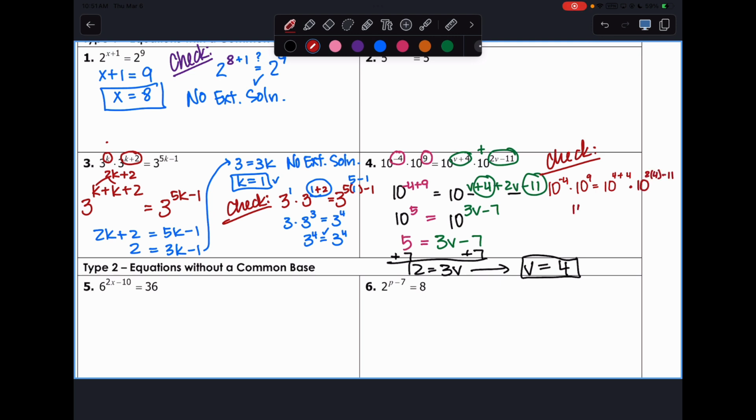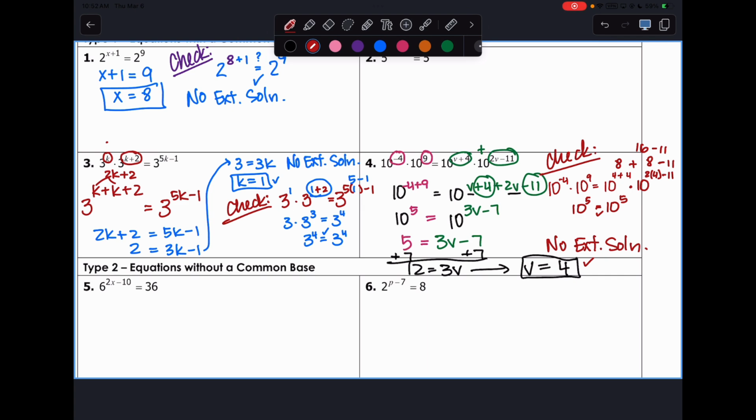Let's see if they equal each other. That one's 10 to the 5th power. That one is 8, that one's 8 minus 11. So we're going to add these guys. That becomes 16 minus 11, which is 5. Yay, it works. So this is correct, and there are no extraneous solutions.